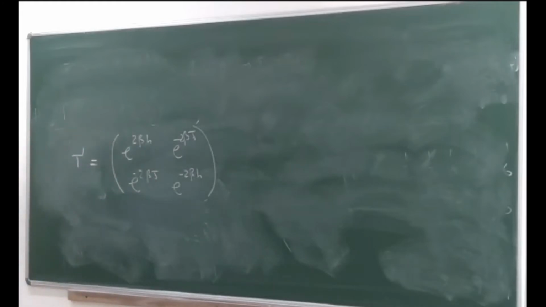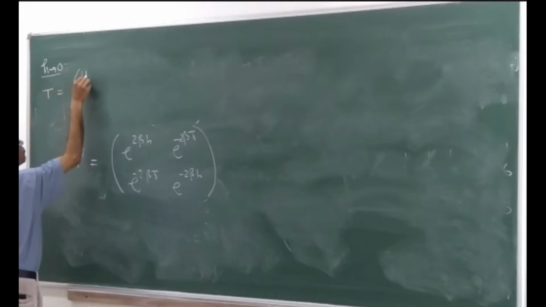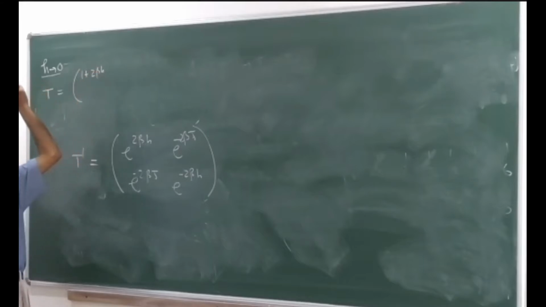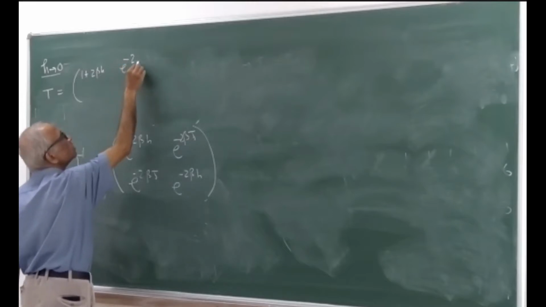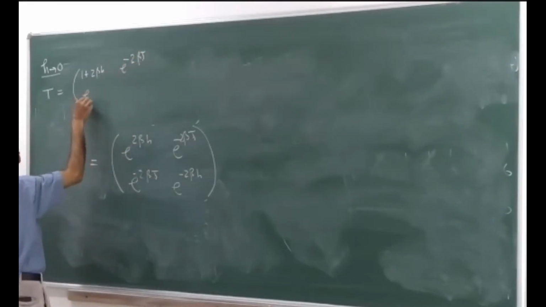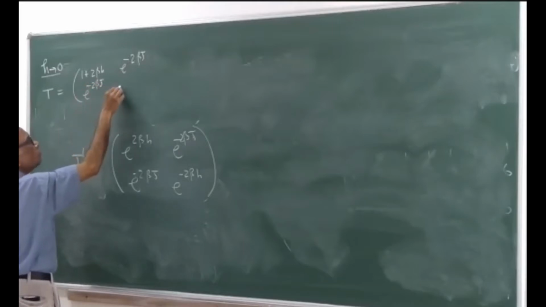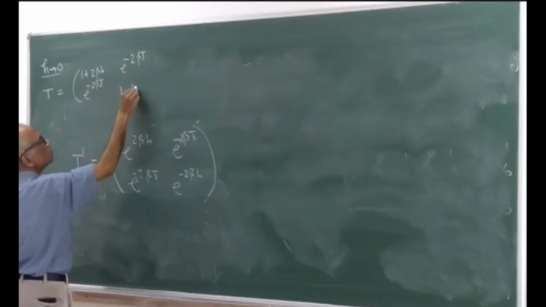So what does T prime look like? Let's say I'm in a very small magnetic field, h tending to 0. So this T prime, where I'll drop the prime, is then, to the lowest order, 1 plus 2 beta h, e to the power minus 2 beta J, e to the power minus 2 beta J, 1 minus 2 beta h.